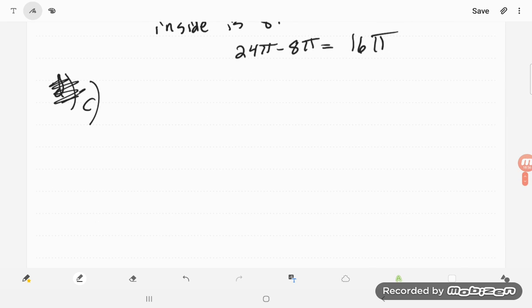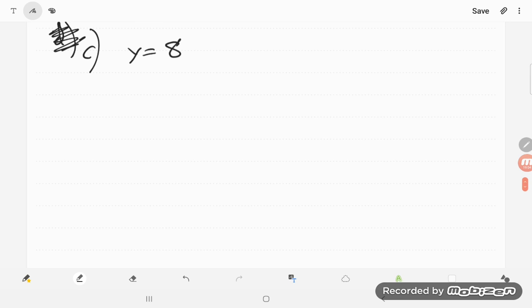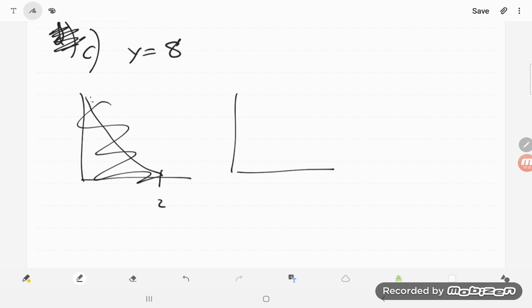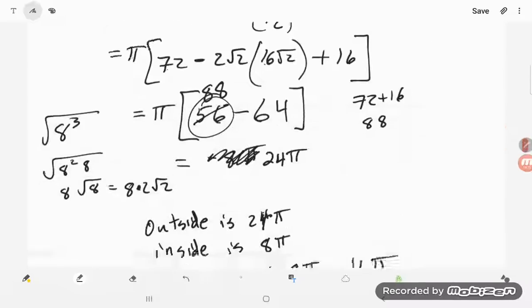So let's do the line y equals 8. Okay, here we go. There's two, whoops, drew it wrong. All right, got to go back up here and look at what I'm drawing.